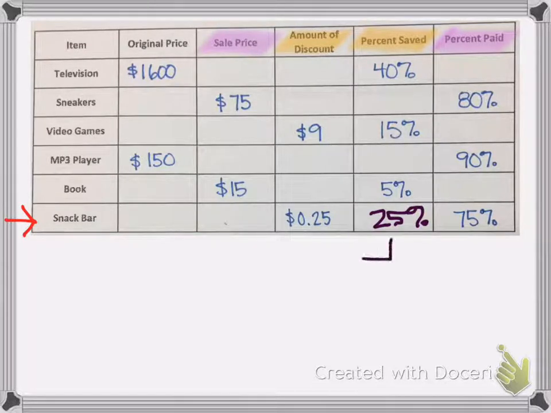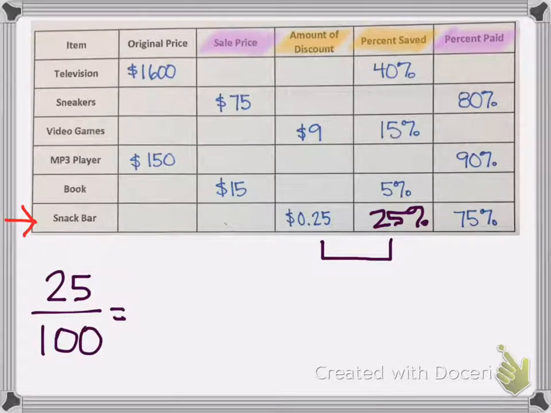And now I can use these two because they're connected. So my part to whole ratio is 25 per 100. 25% means 25 per 100 is equal to 0.25. Well, that's the part that I don't pay. So that's here, the part, 0.25.